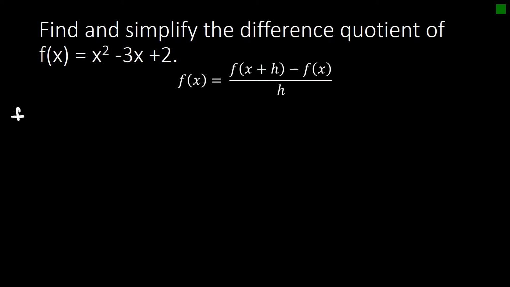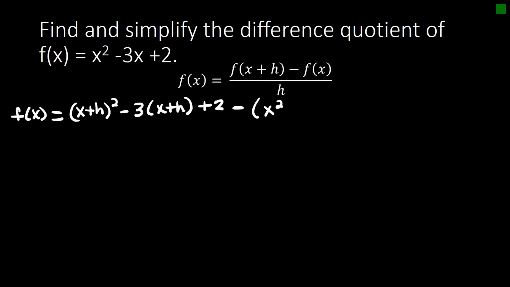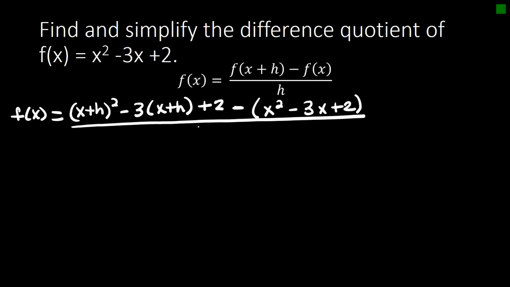So we have f of x equals, we put in our x plus h squared minus 3 times x plus h plus 2, minus, now we got to open up some parentheses here because we're subtracting f of x as a whole. And if we have more than one term, then we're going to have to distribute that negative. And all of that is over h.